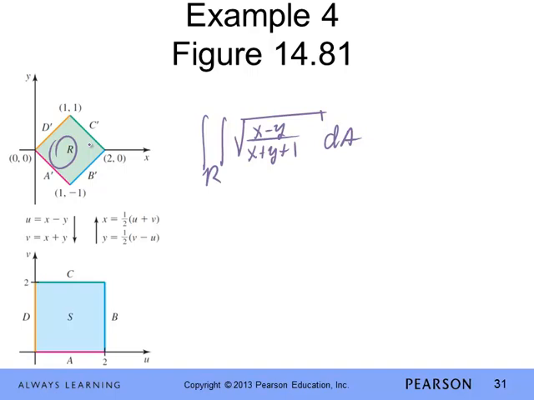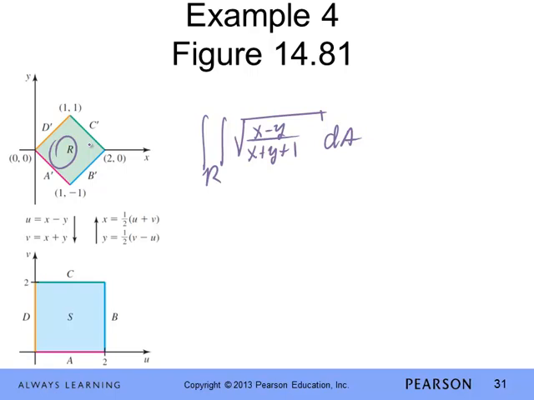This green line is y equals negative x plus 2. So, in other words, y plus x is equal to positive 2. So, if you do a substitution where u equals x minus y and v is equal to x plus y, you can then see that with u and v, you're going to have a rectangle now.